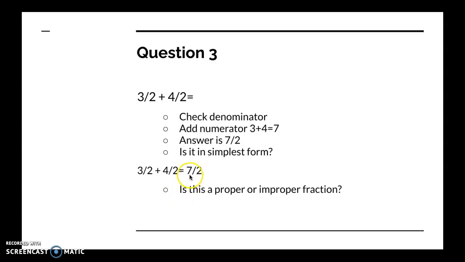Since our numerator is larger than our denominator, our answer is going to fall into the improper fraction category. Okay, later on, you'll learn how to change this and make it into almost its simplest form.